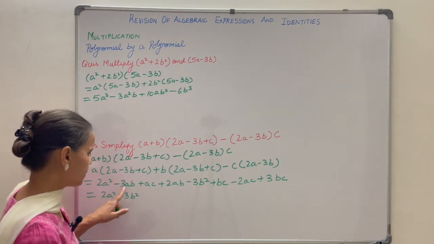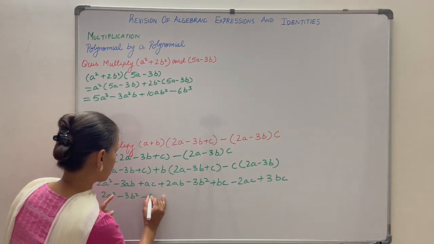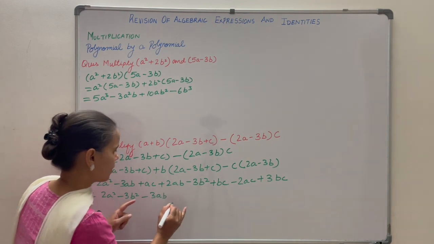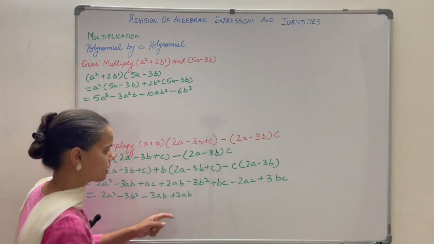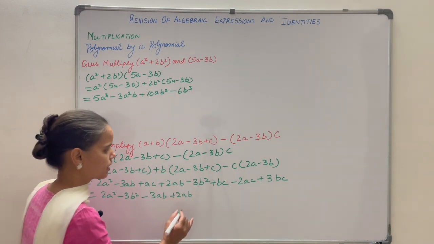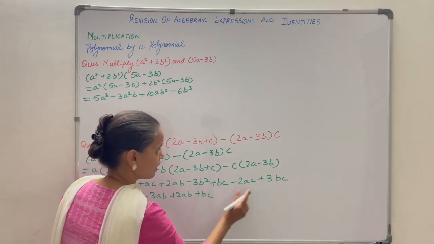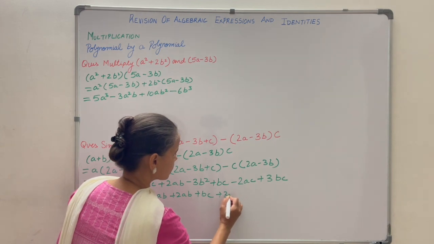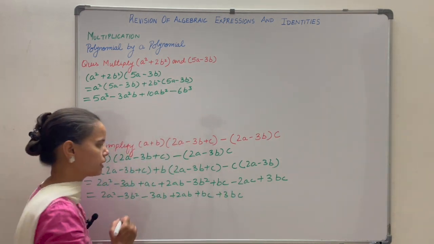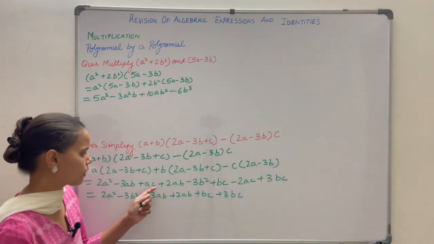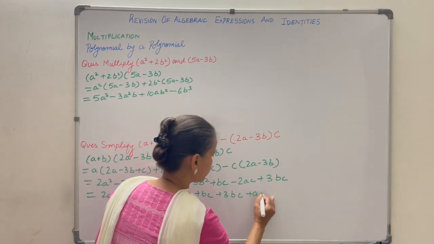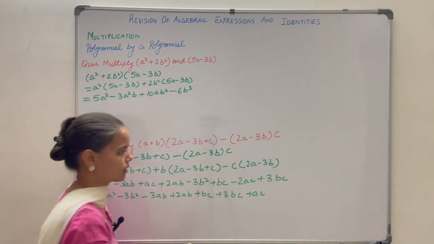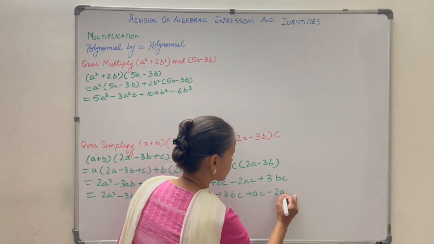Then ab: minus 3ab is here, and we have plus 2ab here. Then bc: we have one bc here and plus 3bc there. We don't have any other bc. ca or ac is the same thing. So you have plus ac and here minus 2ac.